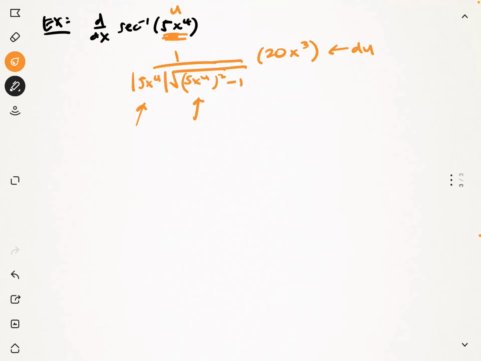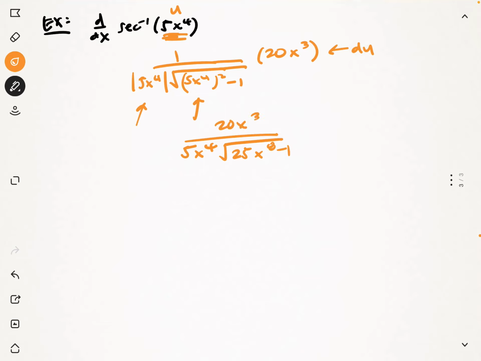Okay, so this thing is fine. There's no number we can put in for x to the 4th that's going to make it negative, so the absolute value is itself. On the inside, we have to square the 5x to the 4th, so that's going to be 25x to the 8th minus 1. And then on top, we have 20x cubed.